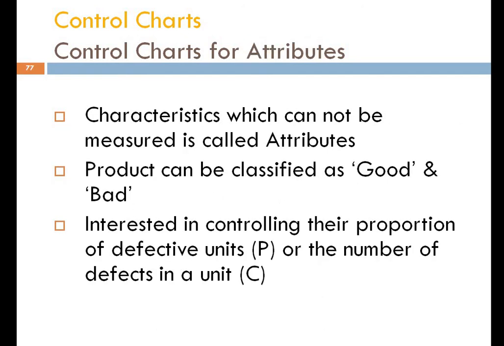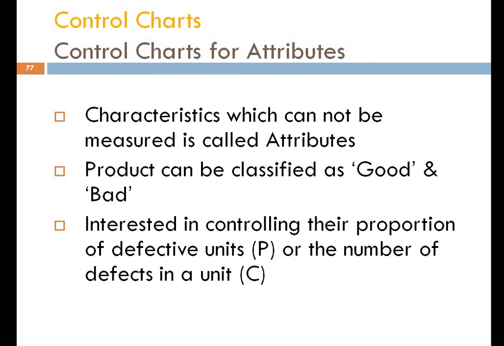Control charts for attributes: attributes refers to qualitative data for measuring quality parameters. Characteristics which cannot be measured are known as attributes. We are not going to measure in terms of height, weight, etc. A product can be classified as good or bad, or defective or not defective, because there is no clear-cut definition of what we mean by good and what we mean by bad.